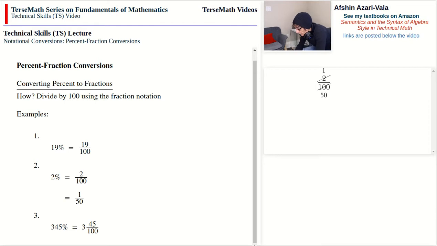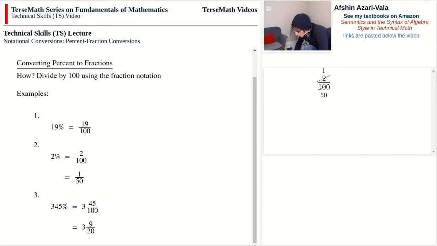Okay, now if you choose to do this as 345 hundredths, then you will do extra work. Now again, also keep in mind that you might be able to reduce the fraction that comes up. So in this case, we can divide the top and the bottom by 5, and we end up with 9 over 20. So this is equal to 3 and 9/20ths.